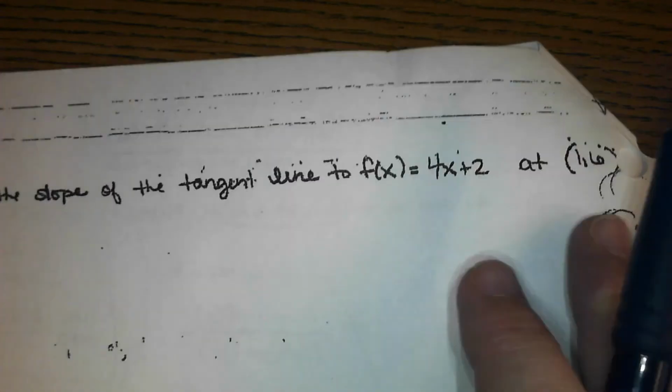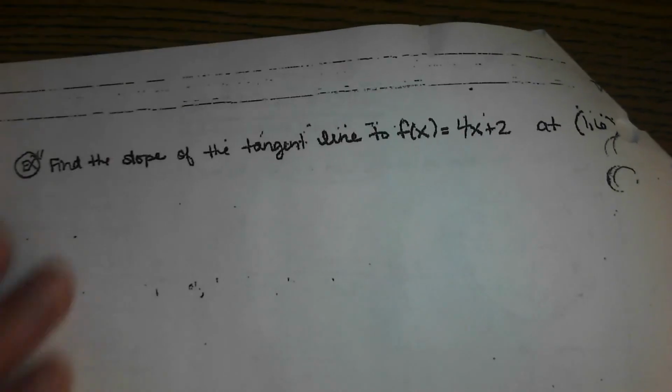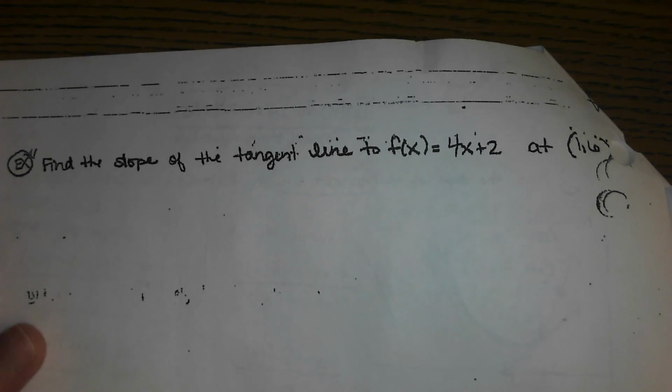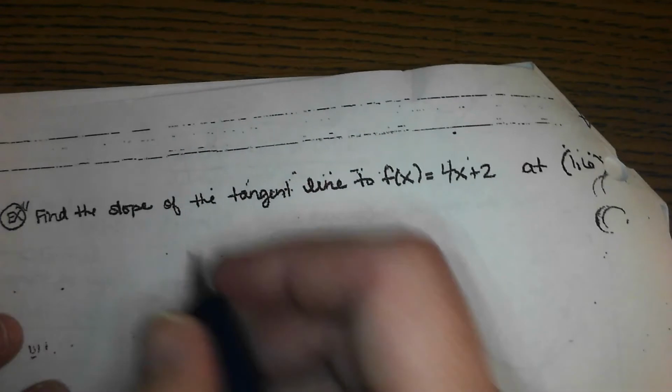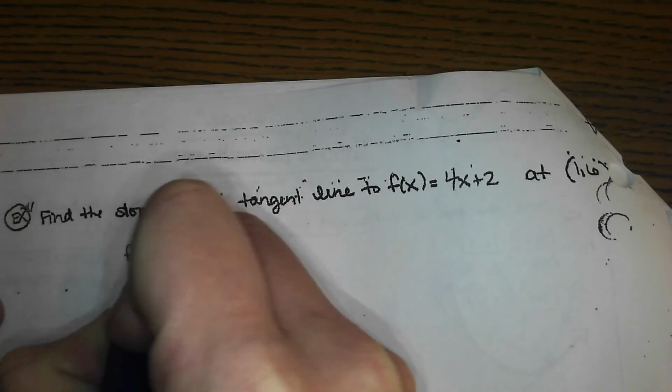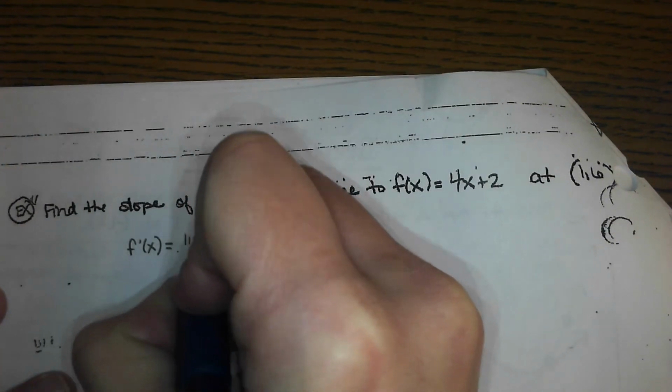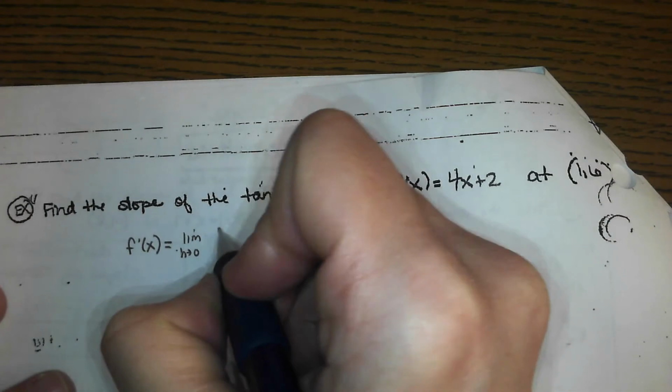All right, find the slope of the tangent line to f of x equals 4x plus 2 at (1, 6). So let's just find the derivative, jump right into it. So f prime of x, your derivative, is the limit as h approaches 0 of the difference quotient.